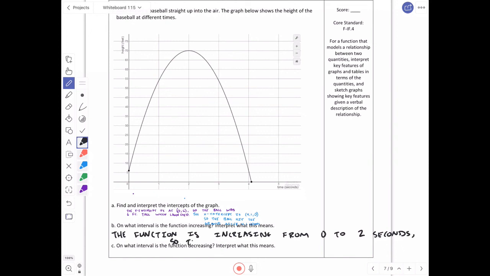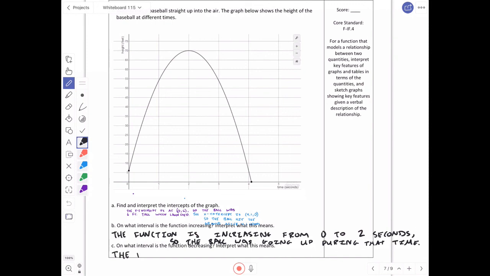So the ball was going up during that time.